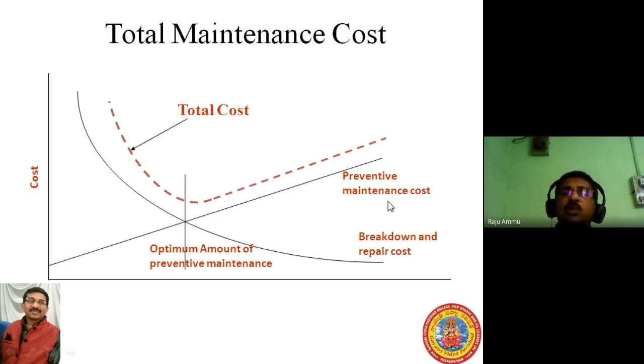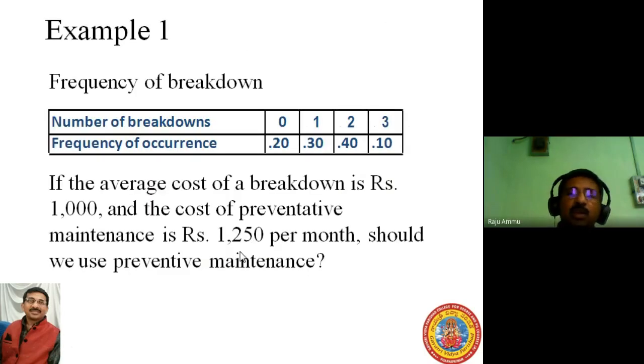There is a clash between the two, and people suggest it is better to invest in preventive maintenance at the place where both of them meet. Let us now experience this with a problematic part here. Friends, please go through the data once.